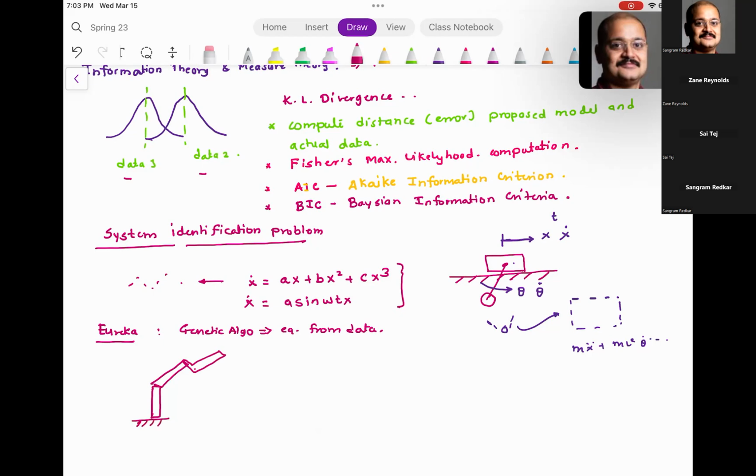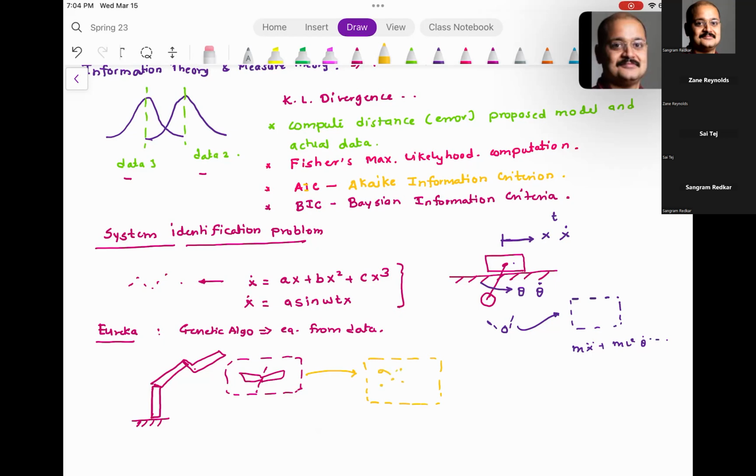For example, if you have birds or butterflies flying, you actually take the video of this biological system and feed it to this algorithm, which will be some type of genetic algorithm, machine learning model, or neural network model.